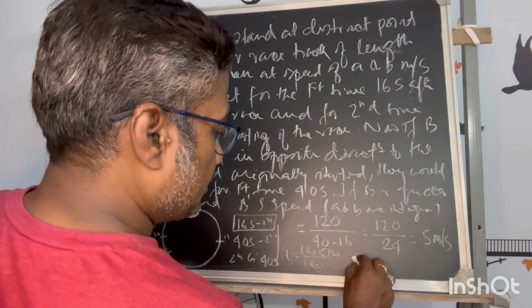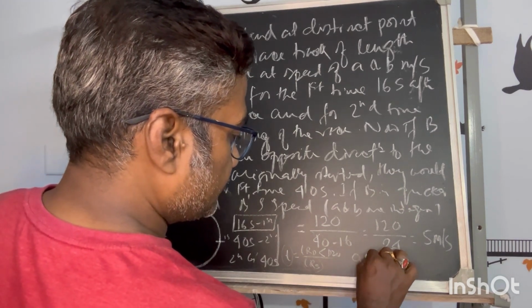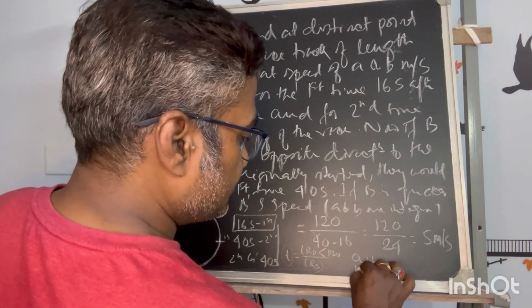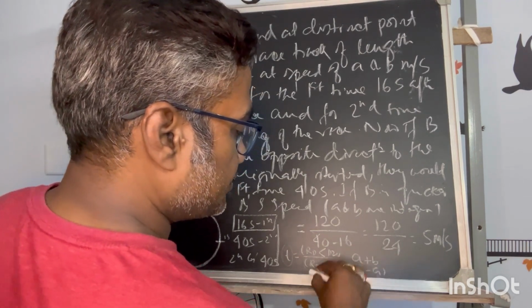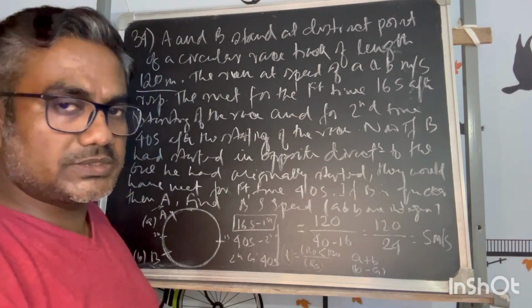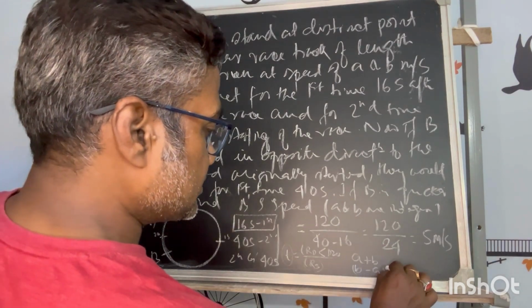So there are two possibilities of relative velocity. One is a plus b, the addition of their speeds, and the other is the difference between their speeds, and these are the only two options. Among them this is the lesser.